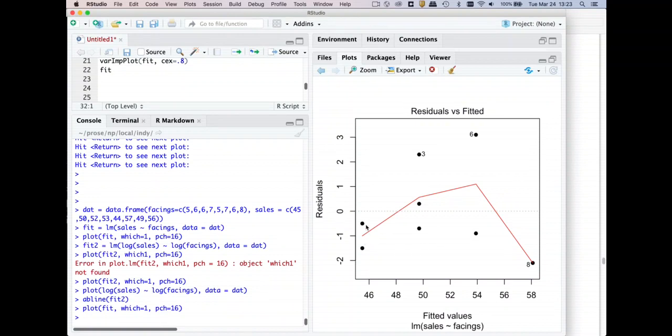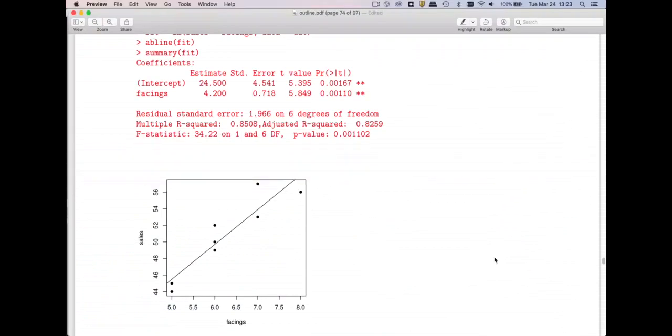Maybe there's some lack of fit here. Maybe there's a little bit of heteroscedasticity, but don't get too excited about 8 data points because you just have so little data. It's really hard to see the problems.